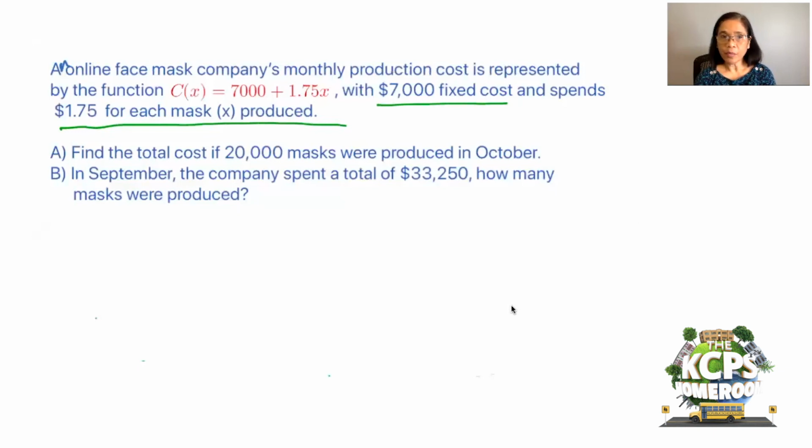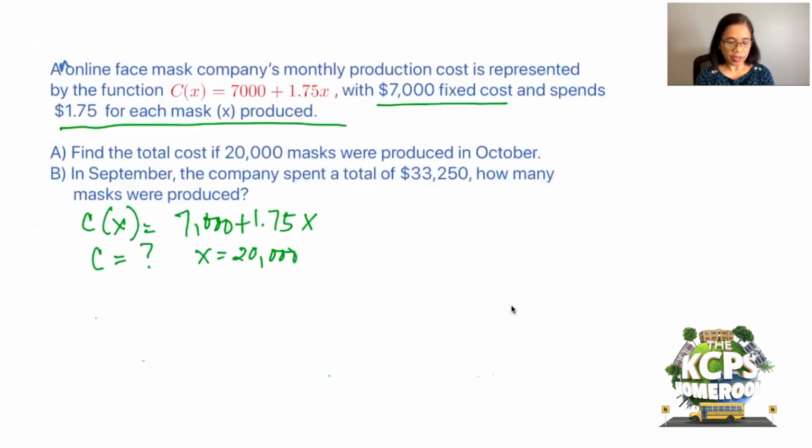For letter A, we're asked to find the total cost if 20,000 masks were produced in October. So given C of x equals 7,000 plus 1.75x, we are asked what is the cost when x is 20,000.